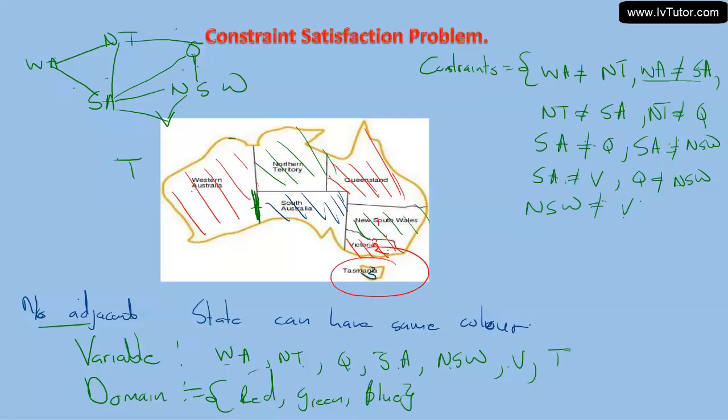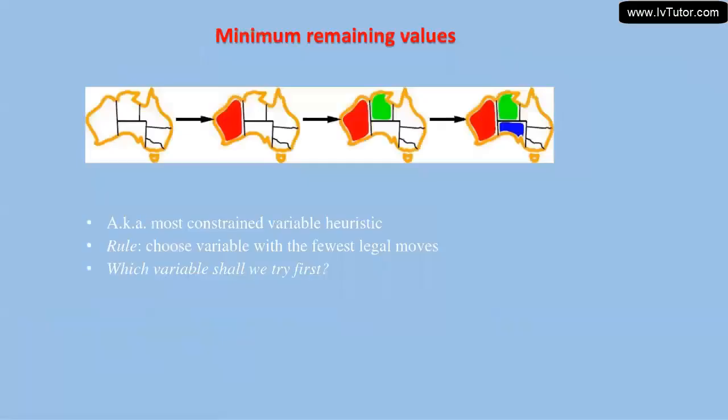So that is called the minimum remaining value. So with each allocation, the domain changes for the variables. Right. So that is the minimum remaining value heuristic. So when you assign red here, you have 2, 2, 3, 3, 3.